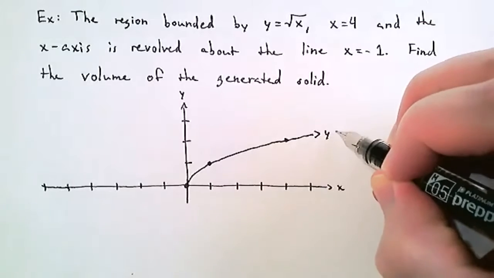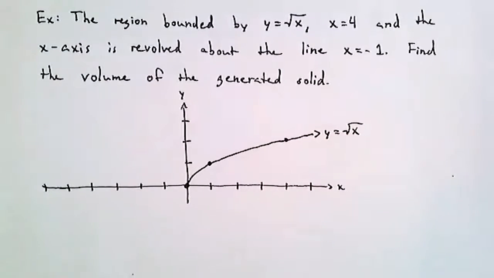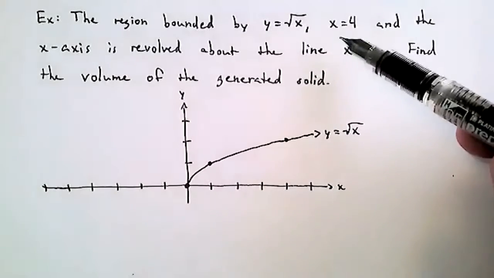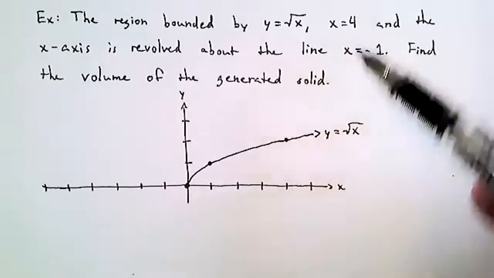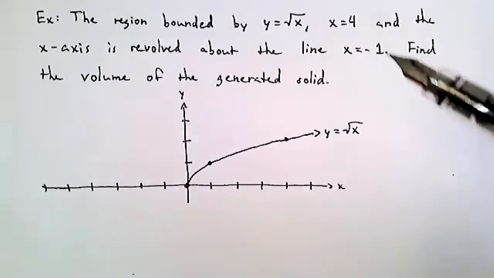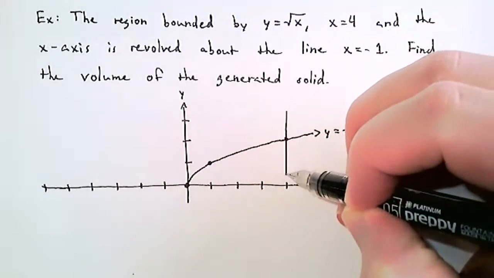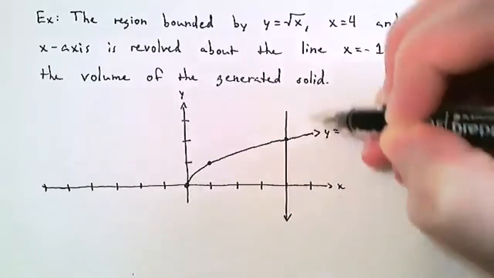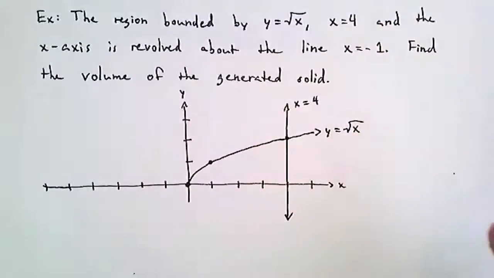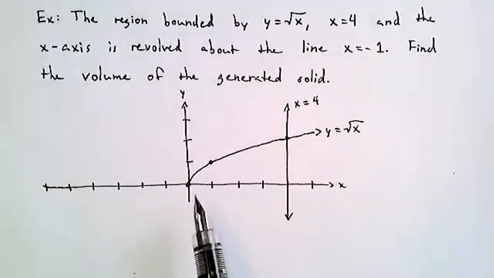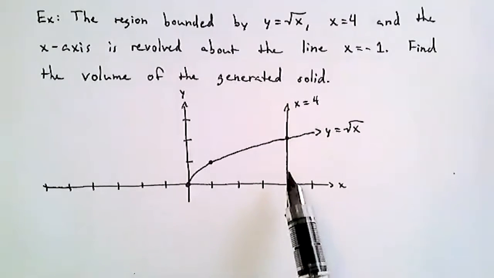Okay, so there is our curve, y equals square root of x. Now let's put in our vertical line, x equals 4. Okay, and the x-axis is the other bound. That means we're looking at this triangular-like shape here.